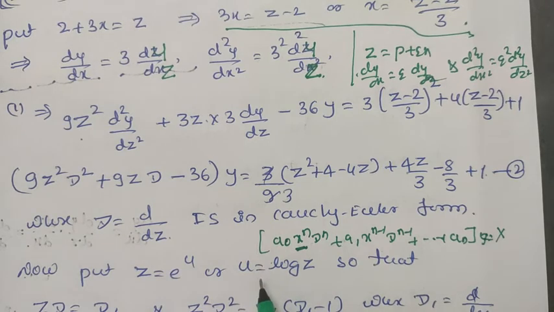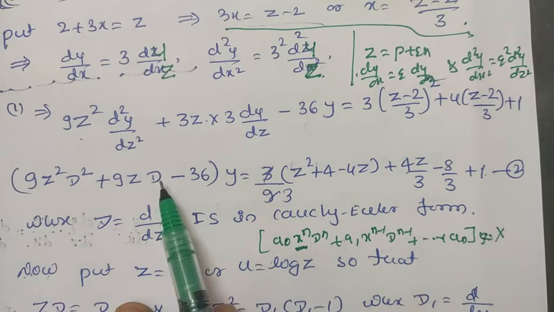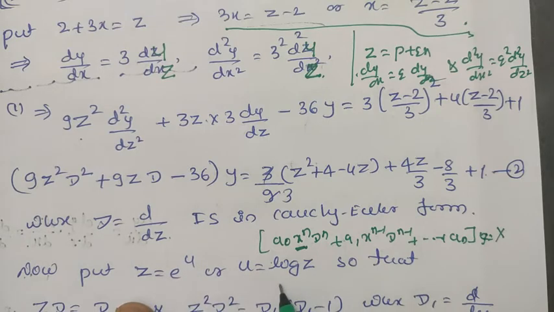And we know in Cauchy-Euler form we take x = e^z. Here it is already in terms of z, so we take z = e^u, or u = log z.